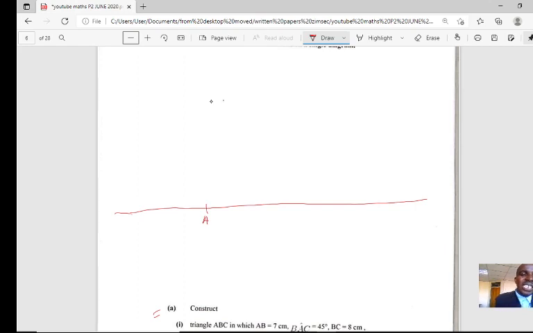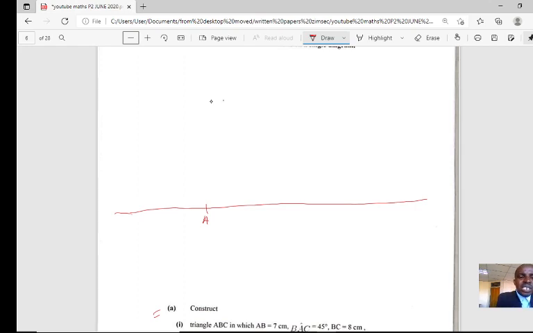What you do is you open up your radius. Radius is the distance between the sharp point of your compass and your pencil. That's called the radius. So you open up an appropriate radius actually. Not too big, not too small, but just something that is appropriate.